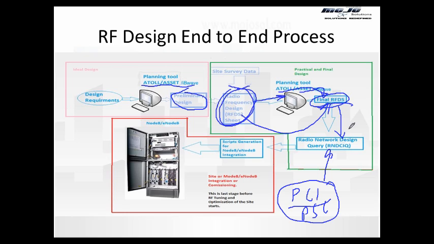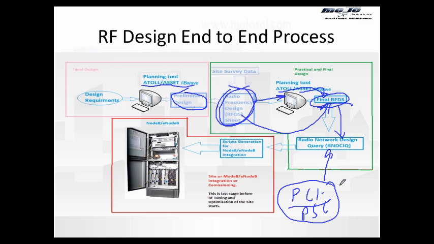But for macro and DAS sites, you will find that there is a hugely different process to reach the final RFDS of a macro site and a DAS site. They are entirely two different processes. But RND-CIQ is still very similar for a macro site and DAS site. Why and how, we'll discuss in this course when we reach those topics.